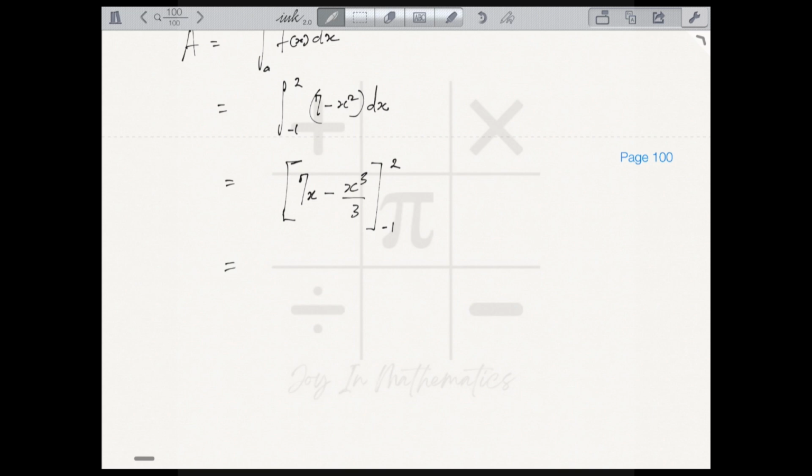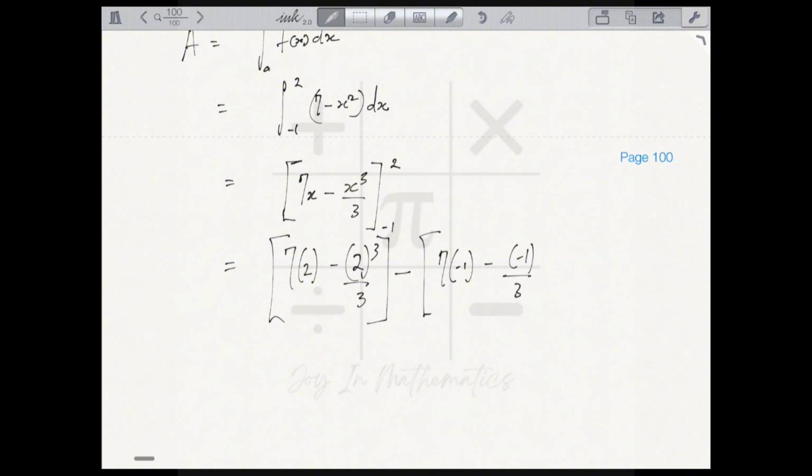This will give us 7 into 2 minus 2 raised to the power 3 over 3. That's for the upper limit. And now for the lower limit, that is 7 into minus 1 minus minus 1 cubed divided by 3.